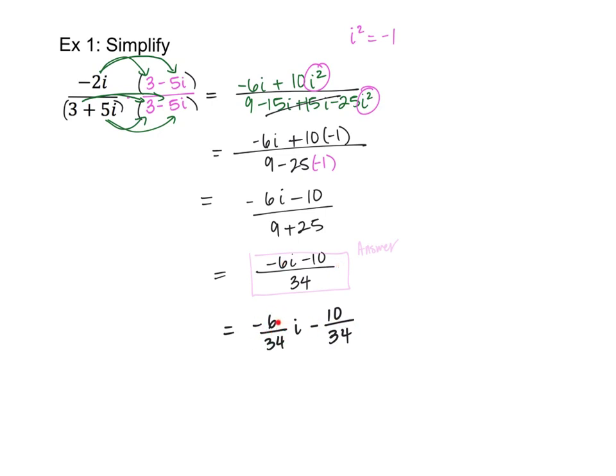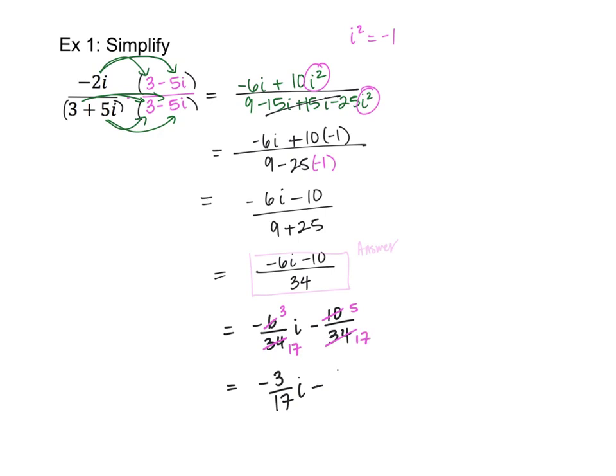And I'm now going to simplify. What goes into 6 and 34 if I were to reduce? Well, 2 can divide into 6 3 times, and 2 can divide into 34 17 times. So in that case, this first term is now really negative 3 over 17 i. And then this one here, 2 could work. 2 can go into 10 5 times. 2 can go into 34, we just found out, 17 times.